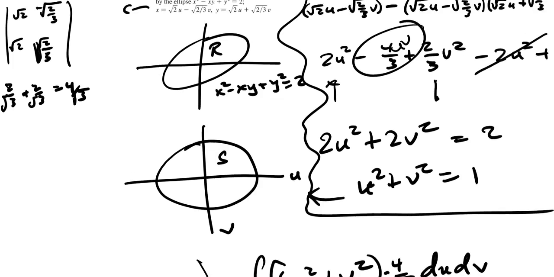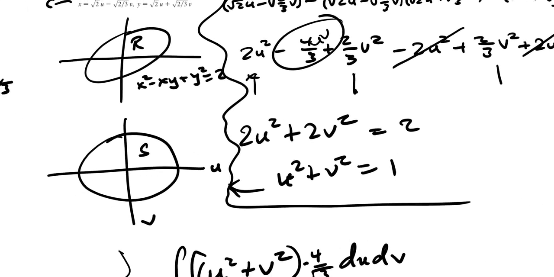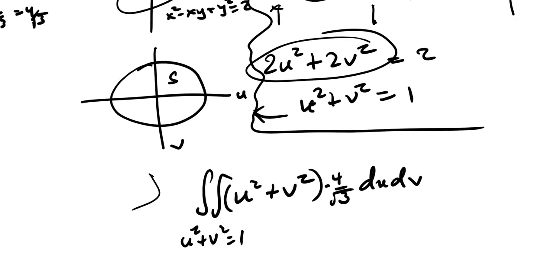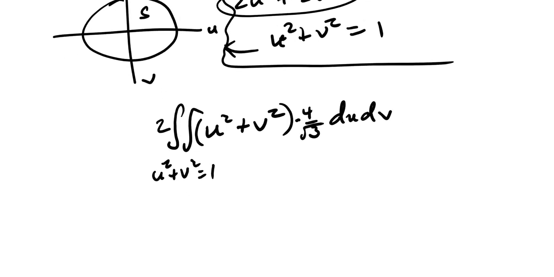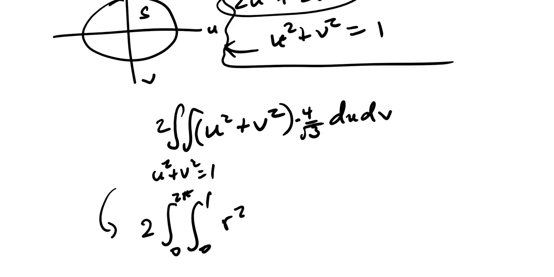And then this u squared plus v squared, it actually multiplied to 2 times that, so I'll multiply by 2. And what's funny here is that now we're going to do another transformation. We're going to change this to r and theta, 0 to 1, 0 to 2 pi. U squared plus v squared, we're going to call that r squared.